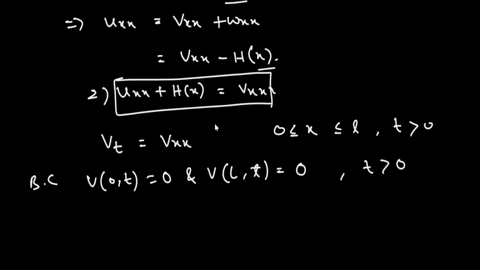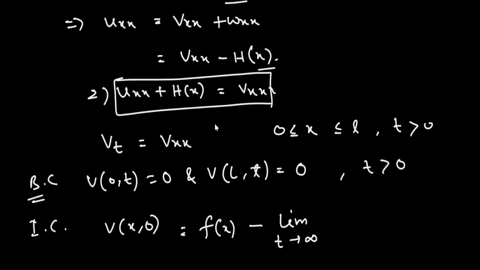This is the boundary condition, and the initial condition is v(x,0) is equal to f(x) minus the limit as t tends to infinity of u(x,t), this function.